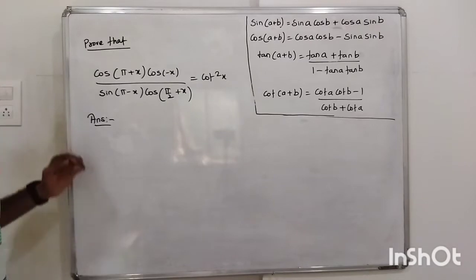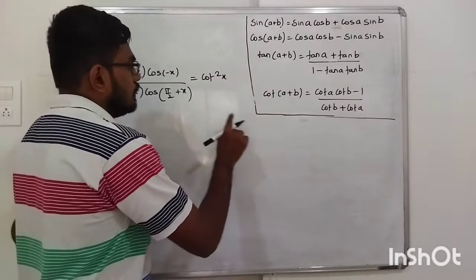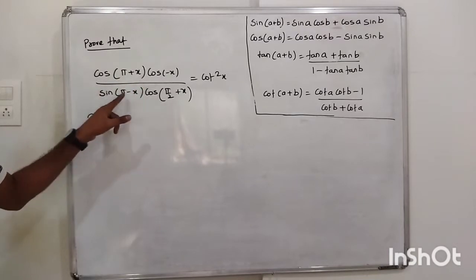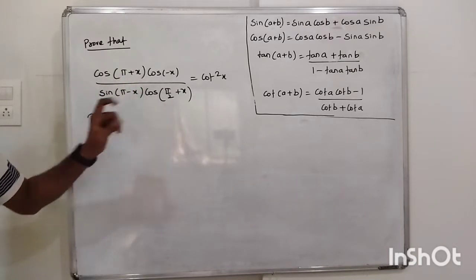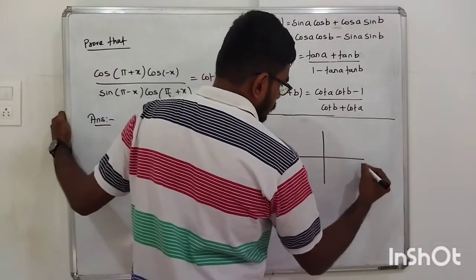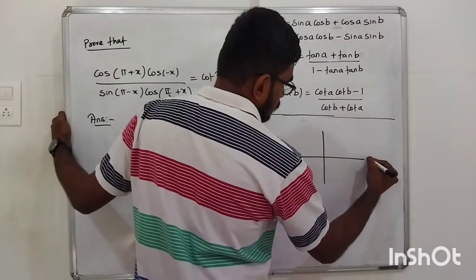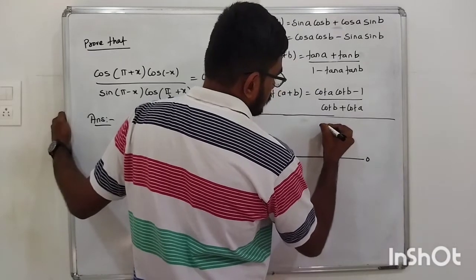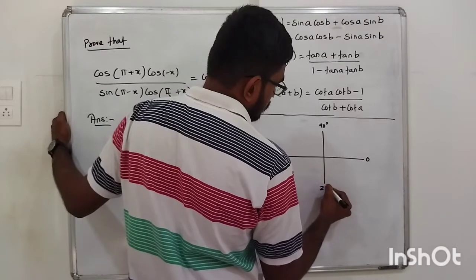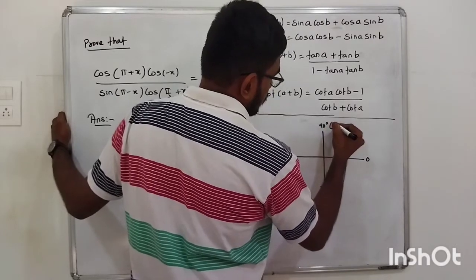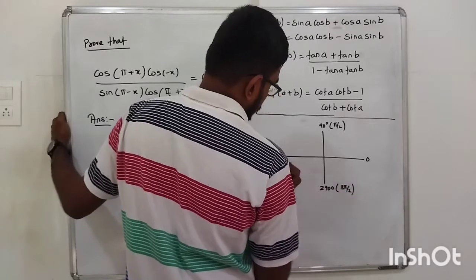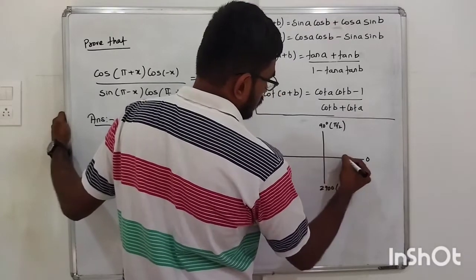So again you have to remember that, and you have to remember these values. What is pi? What is pi by 2? Understood? 0, 90 degrees, 180 degrees, 270 degrees, pi by 2, 3 pi by 2, 2 pi.